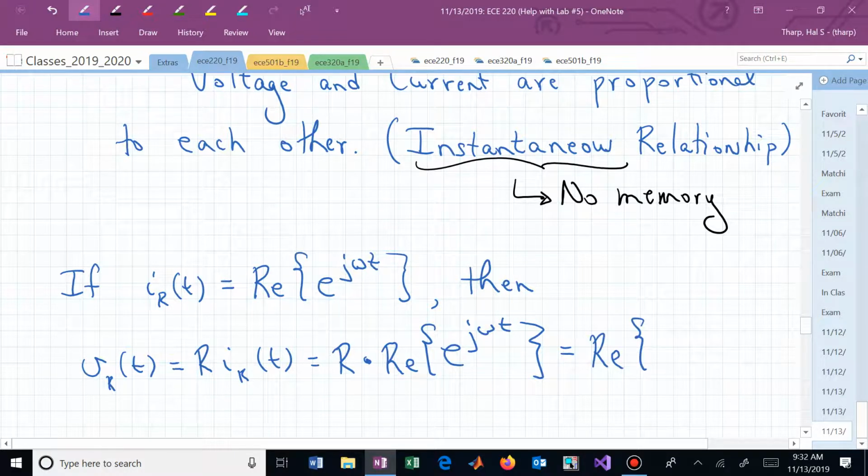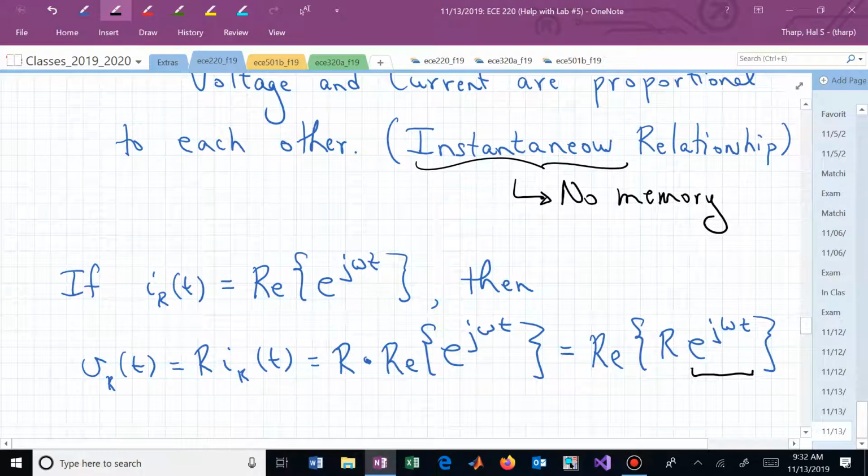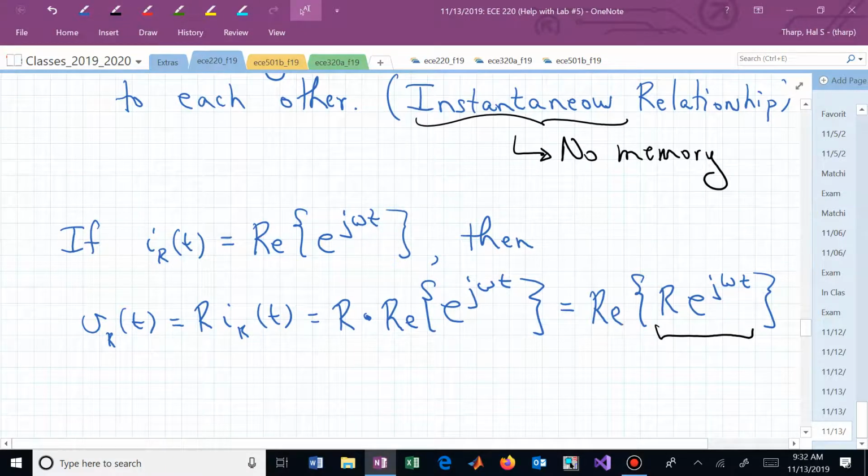We now have R e to the j omega t. We can now look at this. This whole thing is now the complex exponential form of our voltage.